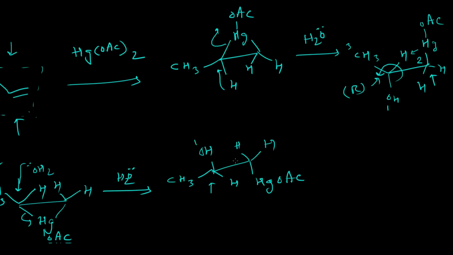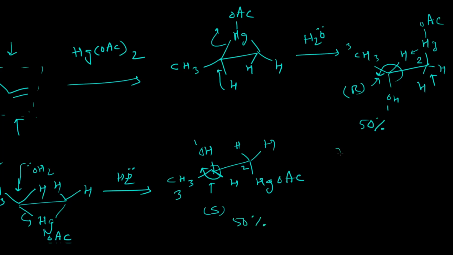And if we look at this center 1, 2 and 3, here also hydrogen is above the plane and it is rotating in a clockwise direction. So clockwise, hydrogen above the plane, so it will be of S configuration. So we can see that there is 50-50 probability of formation of these two enantiomers. These are enantiomers.